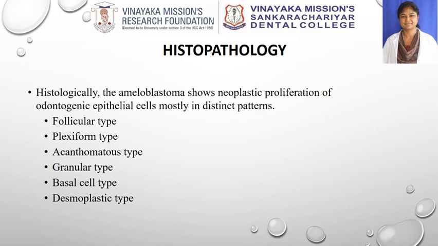Of these varieties, the most commonly encountered variant is the follicular type of ameloblastoma. The basal cell type of ameloblastoma is considered to resemble the basal cell carcinoma of the skin and is thought to be the rarest histological subtype.